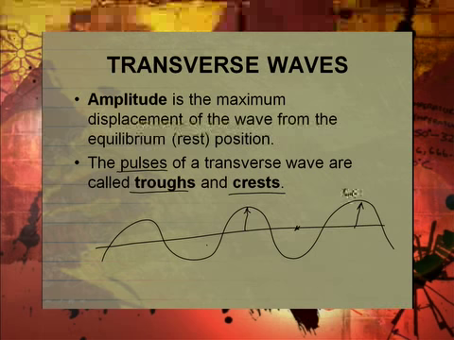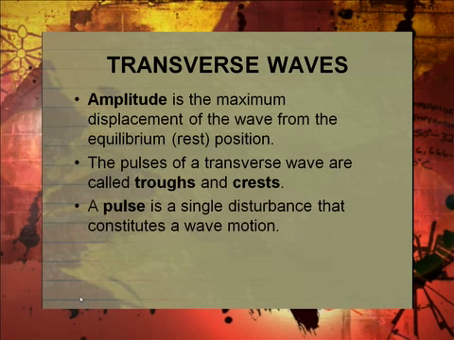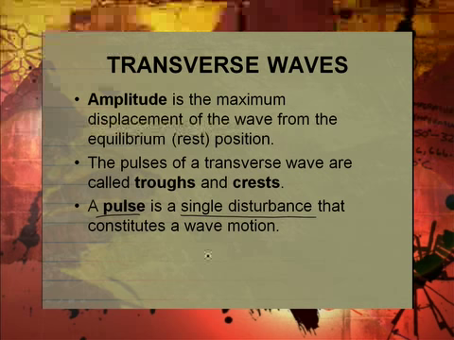This top one here will be the crest, and the bottom one will be what we call the trough. So this is what we mean by crests and troughs. Now a pulse, like I've already defined it, is a single disturbance that constitutes a wave motion.